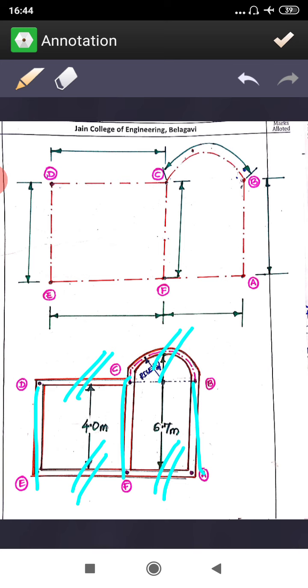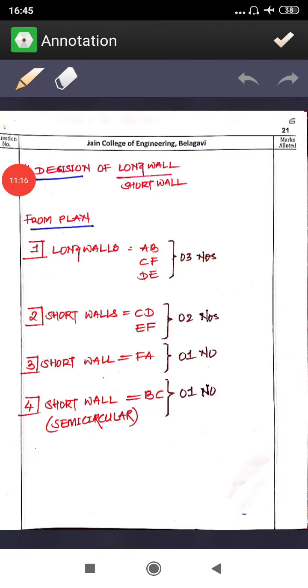You getting this? See here, you can get that. This is a long wall, this is also a long wall, and this is also a long wall. So you'll have 4 short walls, 1, 2, 3 and 4. Now here I have written long walls AB, CF and DE, 3 numbers of long walls.